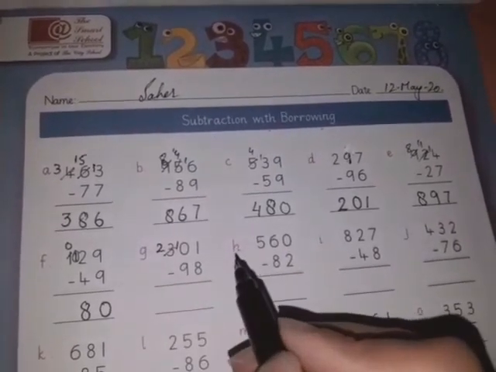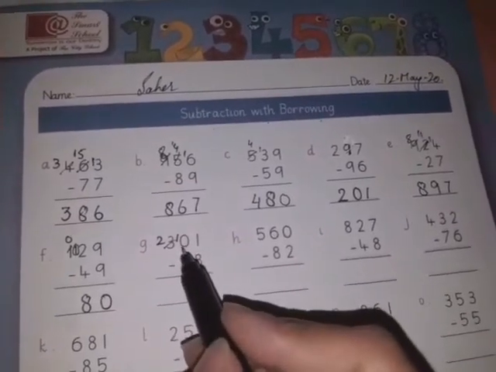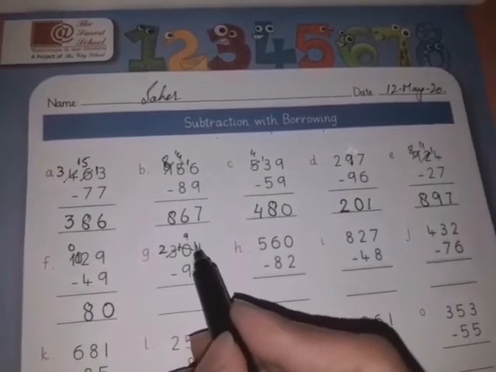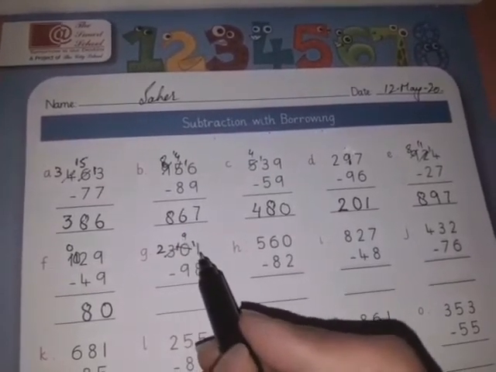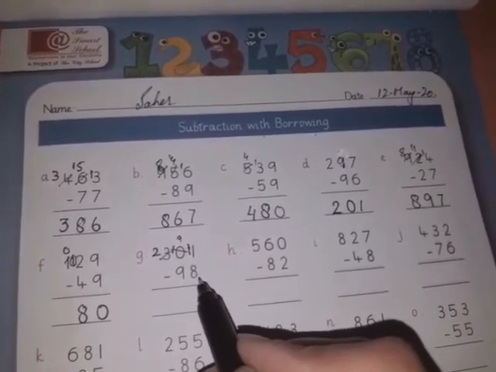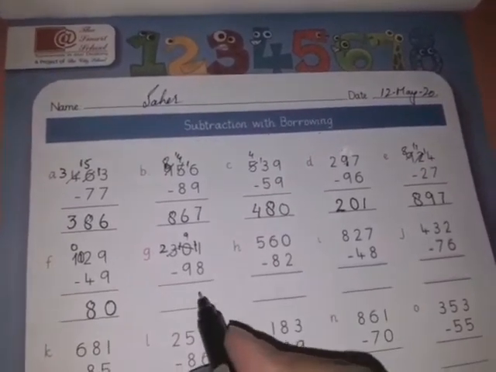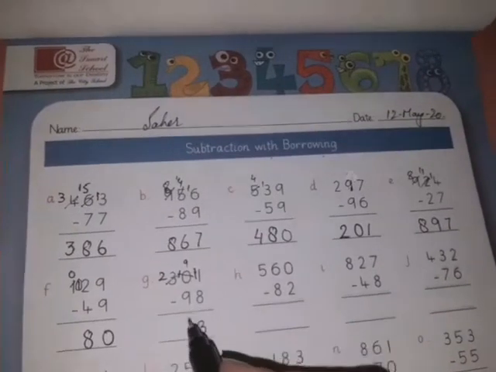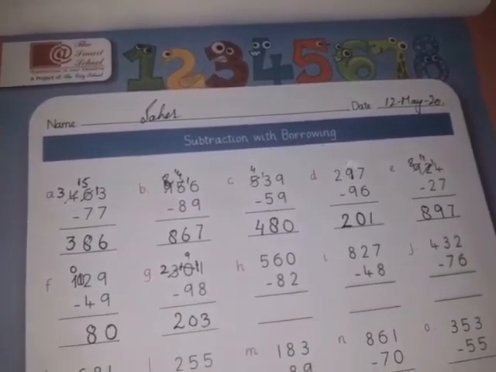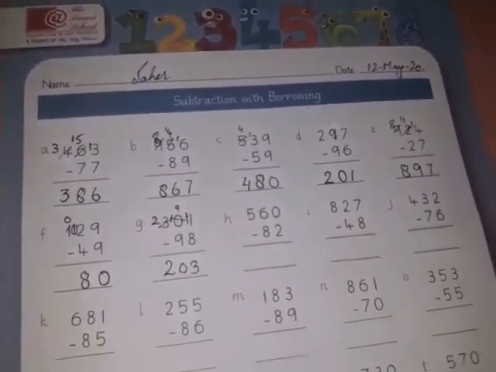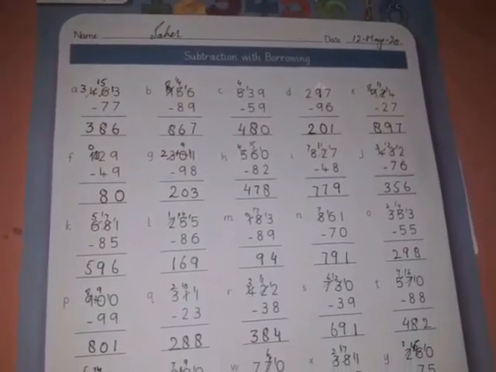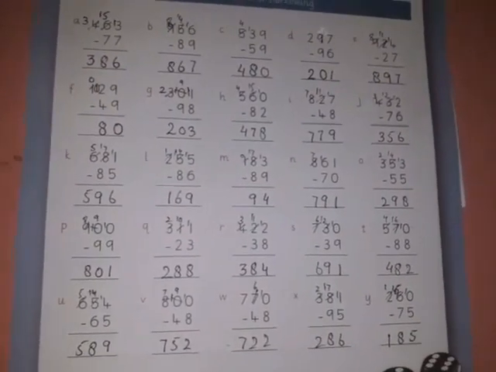So here 2 will be left. Now it will become 10. So subtract 1. Here 9 is left and it will become 11. 11 subtract 8, the answer is 3. 9 subtract 9, the answer is 0. 2 left, so 2 will come here. Now here are all the answers. Solve it by yourself and then you can match the answers.